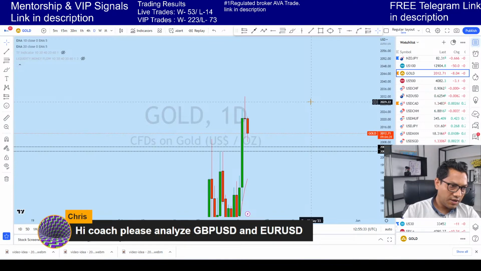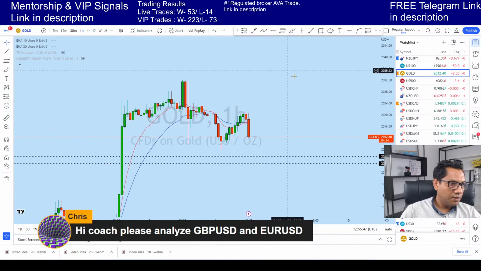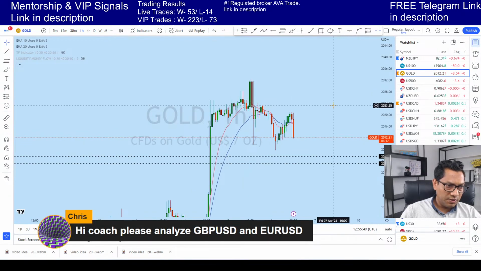Any time you might see it suddenly come to, let's say, 2005 or 2000 level, and then you'll see a bounce up again, because it's a bullish market.